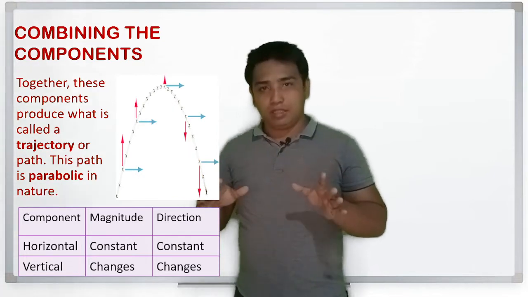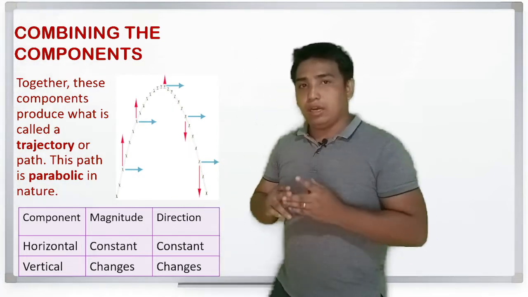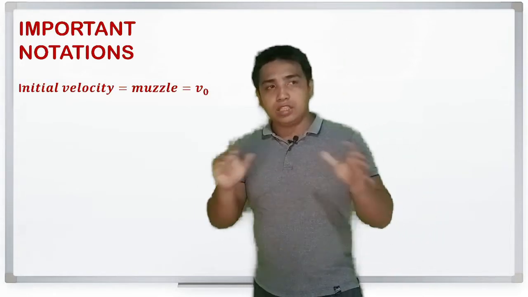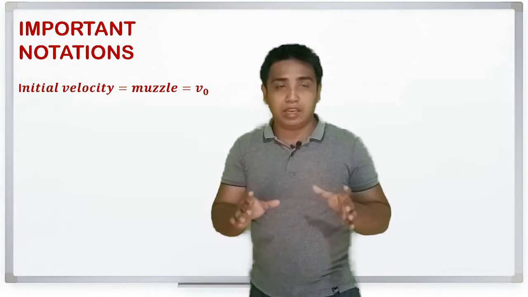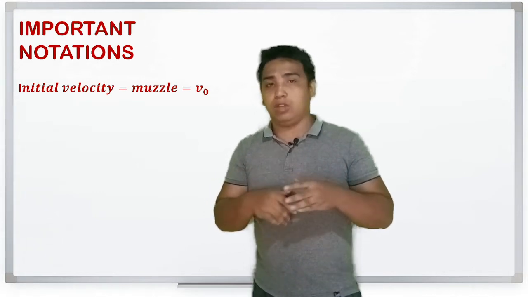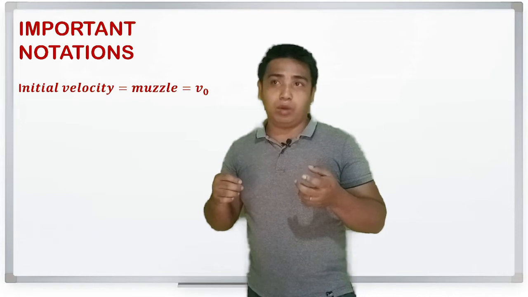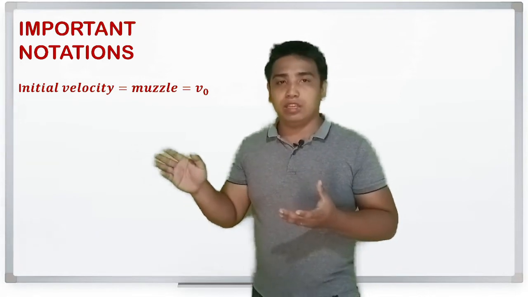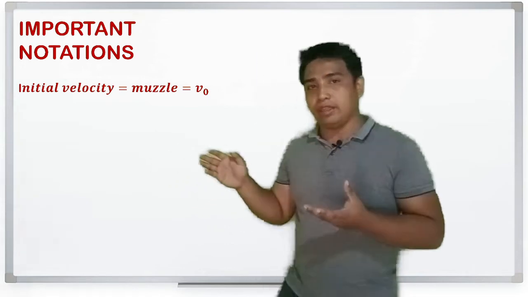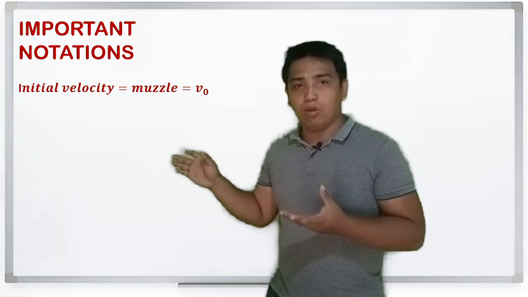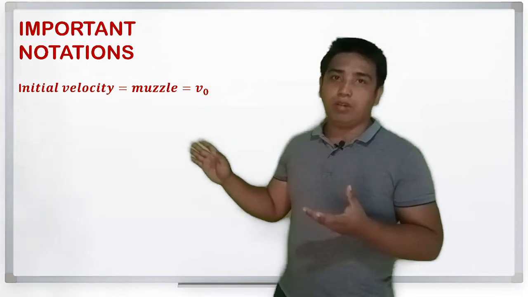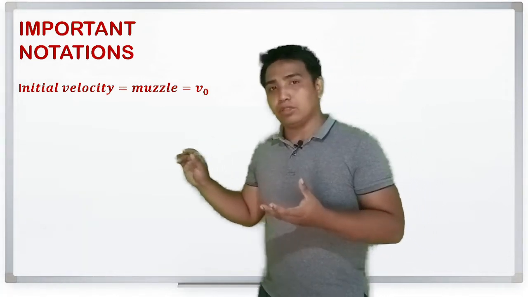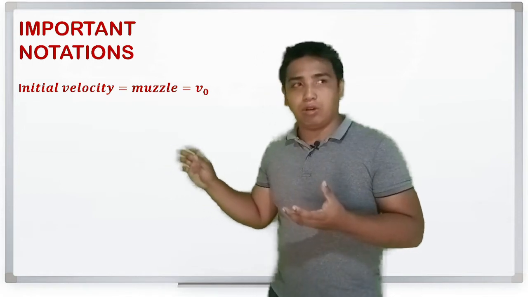Next thing that we should do is to list the concepts that we have just gathered. The initial velocity is regarded as the muzzle velocity if we are talking about guns or ammunition fired at a certain angle. That is what you call the muzzle velocity, and that will be Vo, which is the hypotenuse if we redraw the triangle.